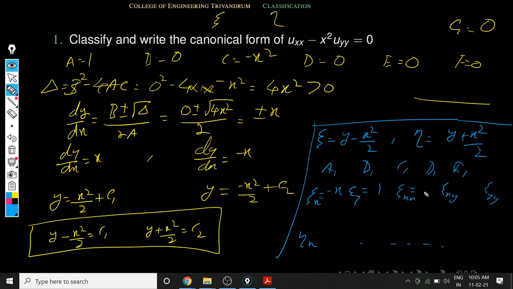And what about psi xx? Minus 1. No, 0. And this one? 0. Similarly, you can find all derivatives of eta.